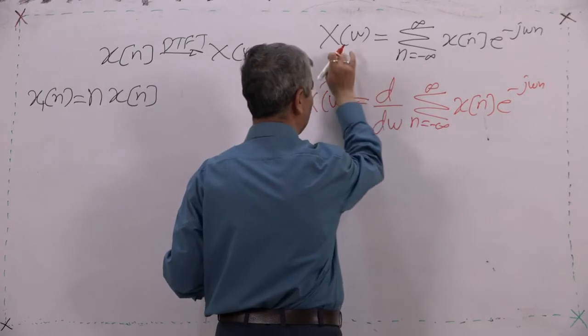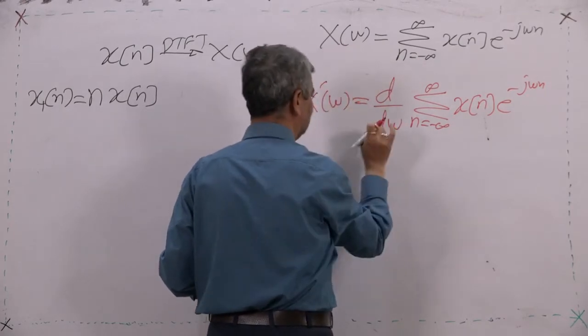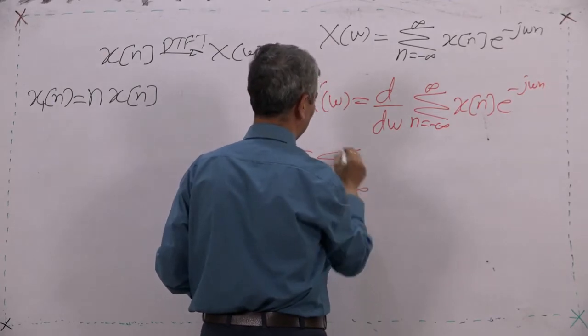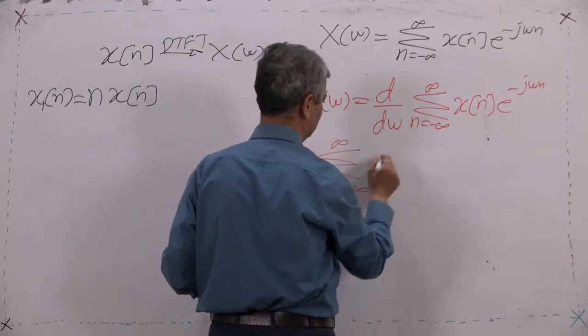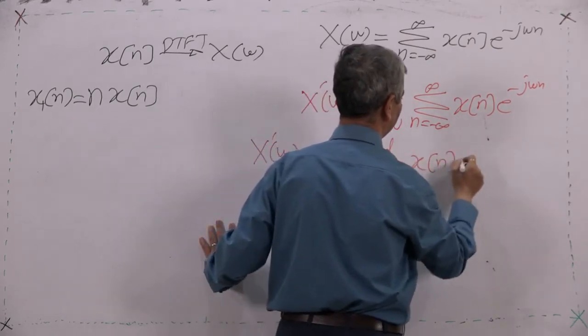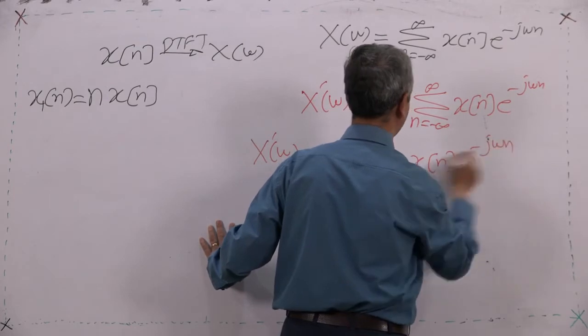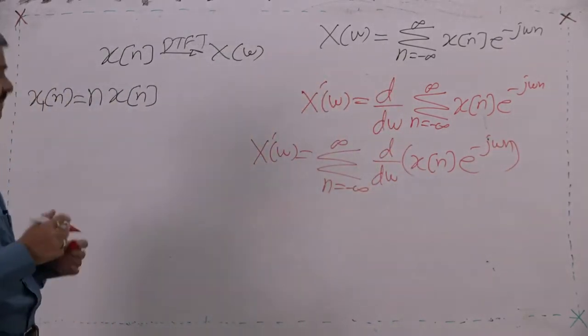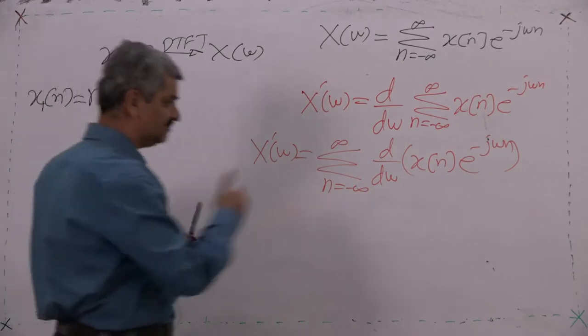We are finding the derivative of X(omega). The derivative of a summation is the summation of derivatives, d by d omega of x[n] e raised to minus j omega n. So it becomes simple now. Why? Because in the derivative we have the term x[n] which has nothing to do with omega, so that comes out as a constant.